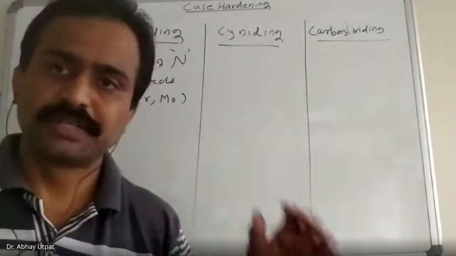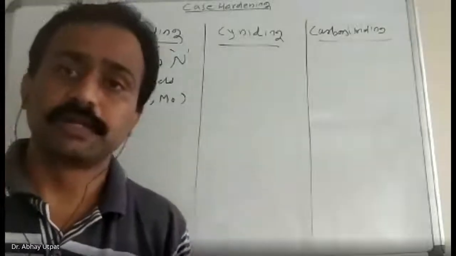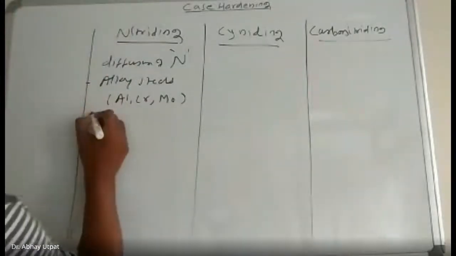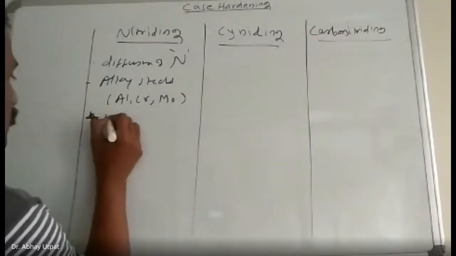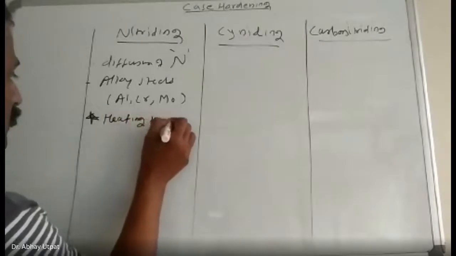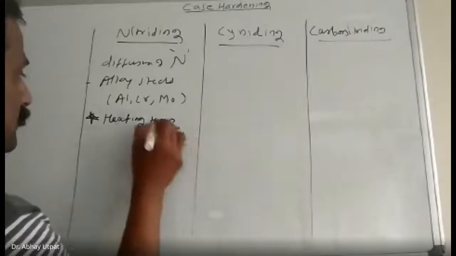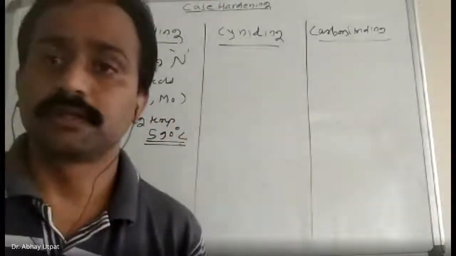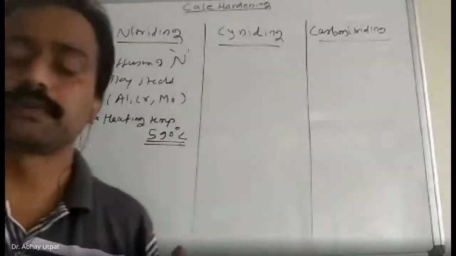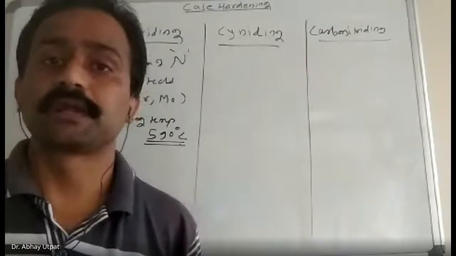Percentage of carbon varies from 0.1 to 0.5. And one speciality of nitriding is the heating temperature, 590 degrees Celsius. 590 is less than 727. So the nitriding process is also called a subcritical treatment.